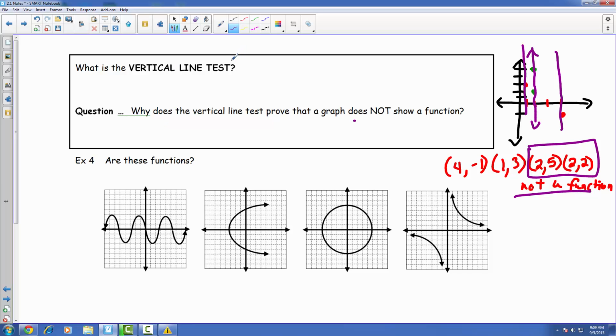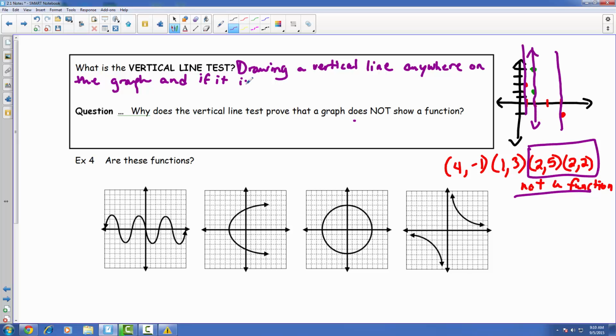But our formal definition for the vertical line test is simply drawing a vertical line anywhere on the graph, and if it intersects more than once, then the graph is not a function.